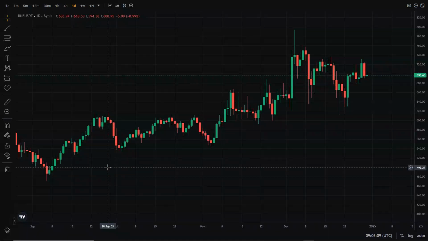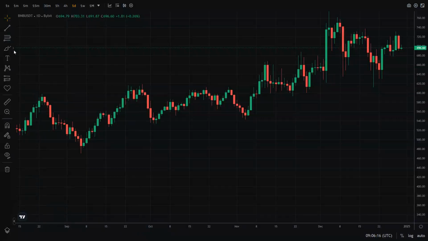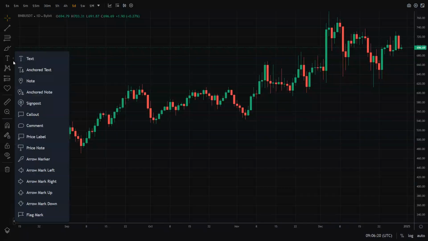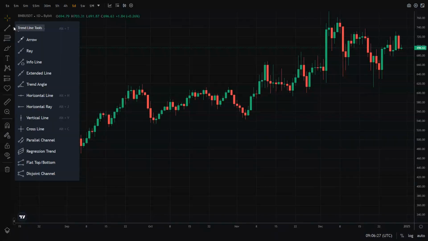All right, let's do something. I want my chart to be as clear as possible, so I want to do something before we move up. Let's create a refresher course.